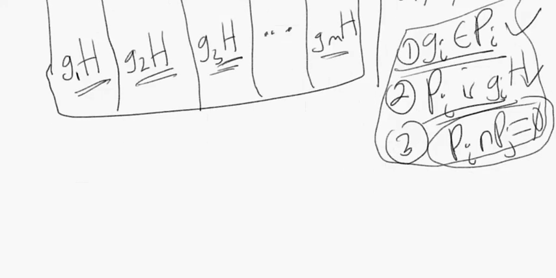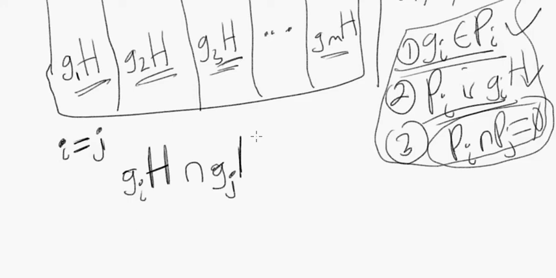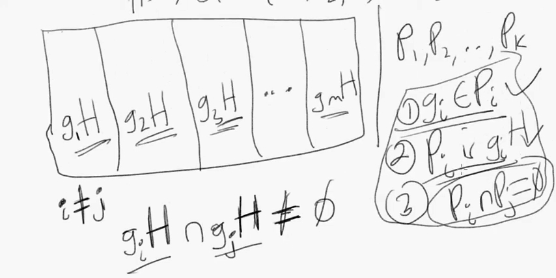That is, it's possible that for two of these cosets, if i does not equal j, giH intersect gjH is not empty. It may actually end up being non-empty. That is, the coset giH and the coset gjH may have something in common. And if this is true, then our third condition can't be satisfied.